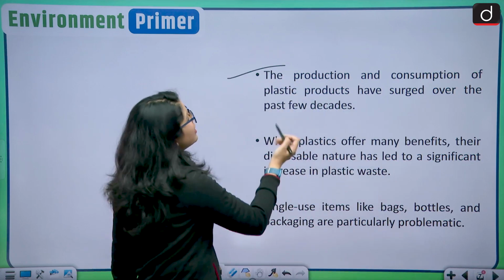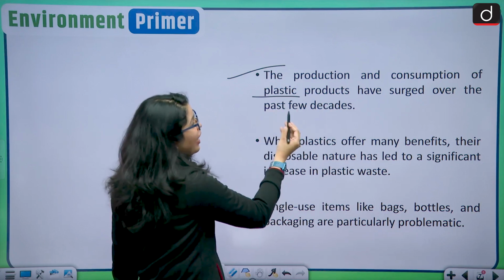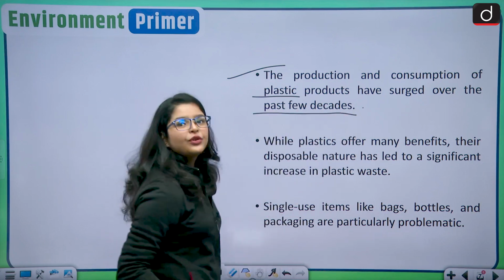the production and consumption of plastic products have surged over the past few decades.